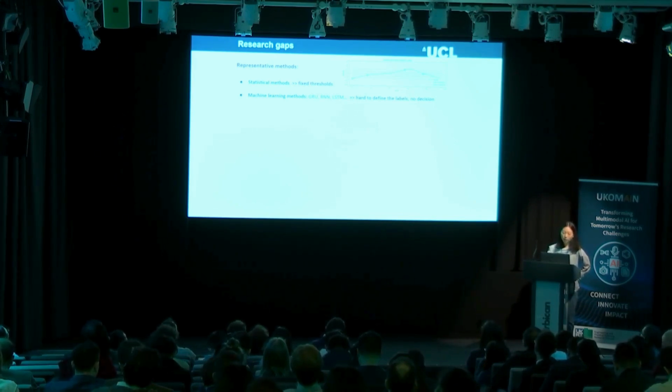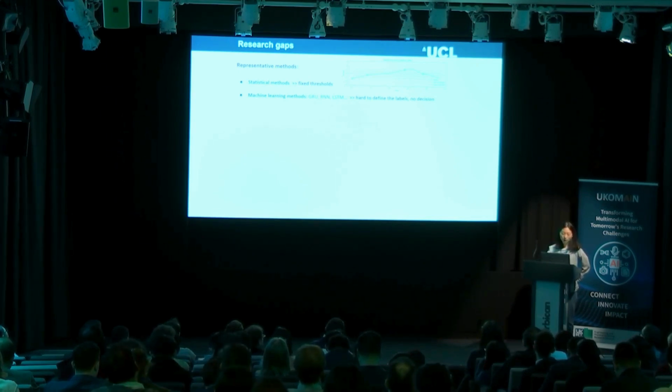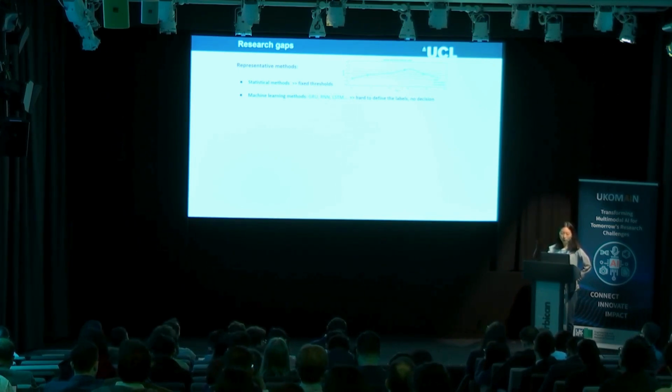The modern machine learning methods generally treat the spread as time series data, and then use GRU, RNN, or LSTM to do trend prediction. However, this is not the real decision; it just predicts the trend of the spread, because it is quite hard to define proper trading signals for such data.